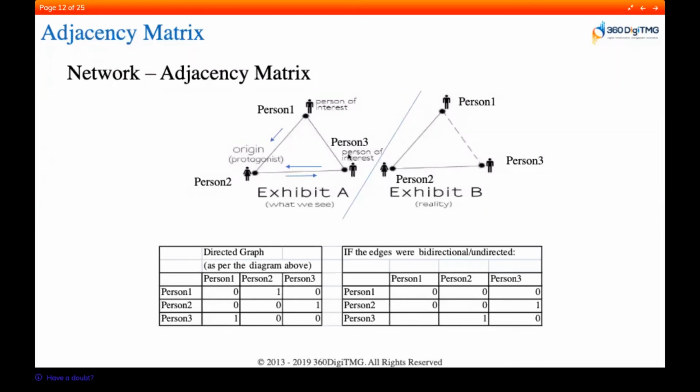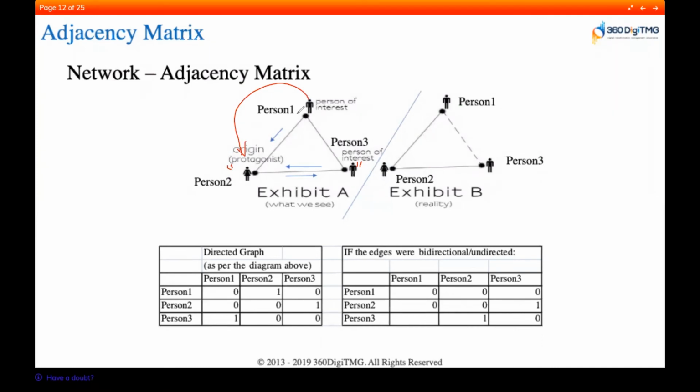And person 3 is also liking person 2, and person 2 is also liking person 3. What exactly does that mean? That means these two people are in love with each other, right? And this particular person only likes person 2. He is not in a mutual relationship between person 1 and person 2.